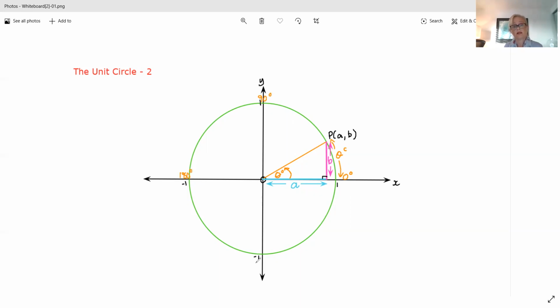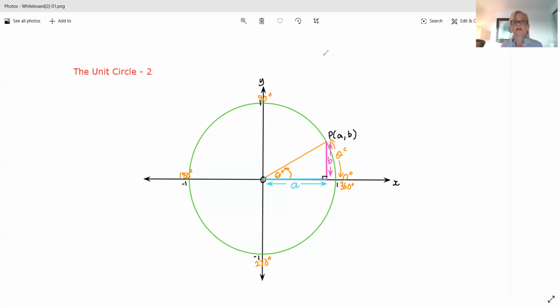If you're down here, you've rotated by 270 and back to 360 degrees. All right, we know that in a whole revolution there are 360 degrees. So in our first quadrant, the angle will be between 0 and 90. In our second quadrant, the angle will be between 90 and 180. In our third quadrant, between 180 and 270. And in our fourth quadrant, between 270 and 360.